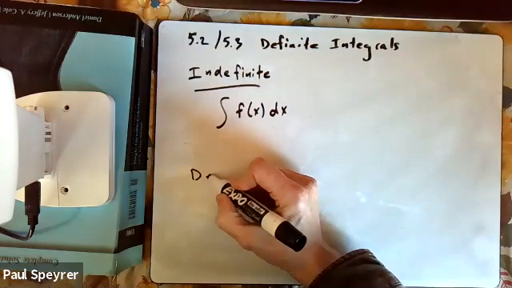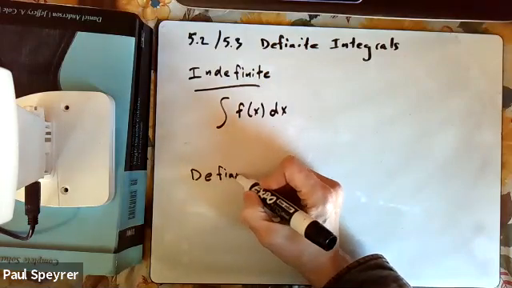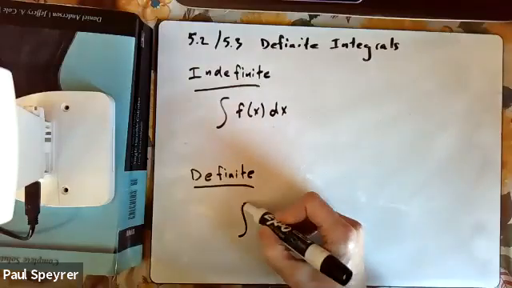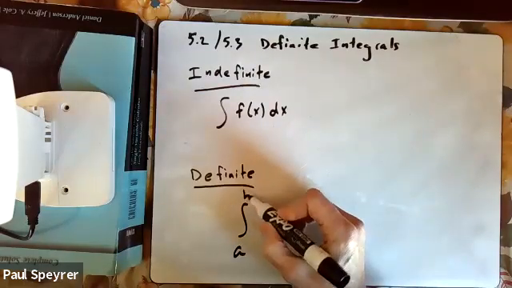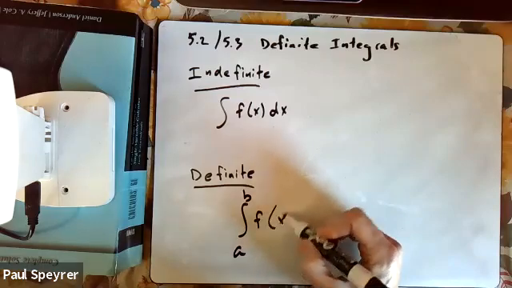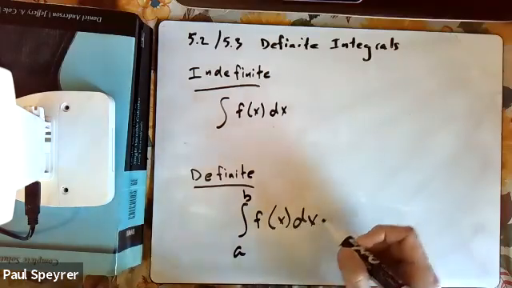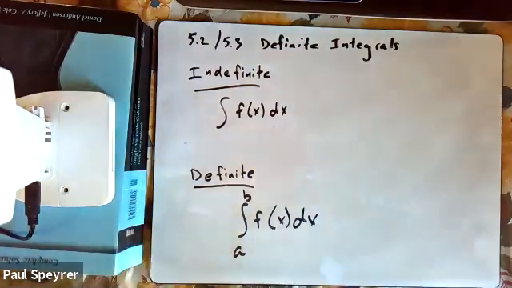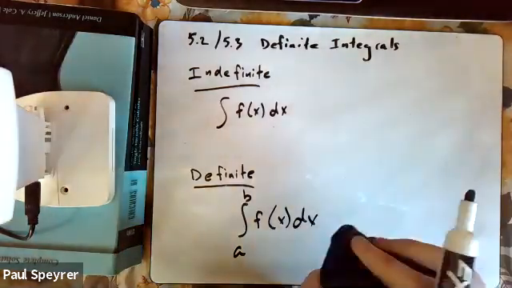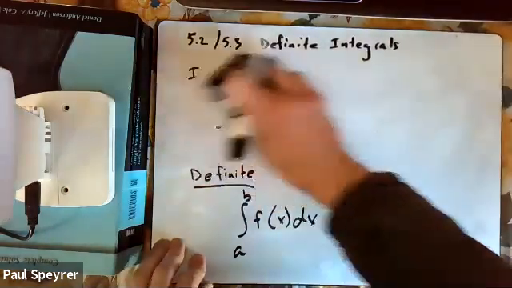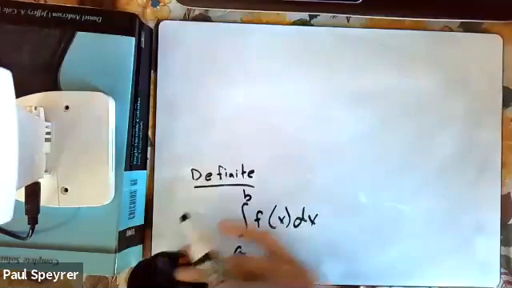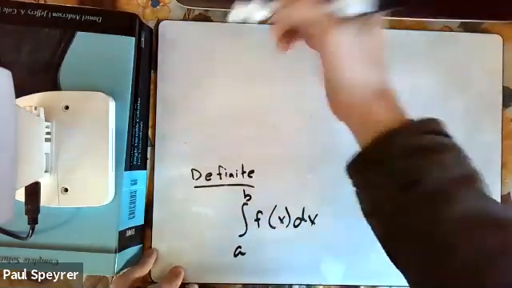Definite integrals, though, are slightly different in that they have limits. So if you notice, we have this a to b right here. What does that mean, right? When you're actually computing a definite integral, what you're doing conceptually or graphically is finding the area under a curve, any kind of curve.